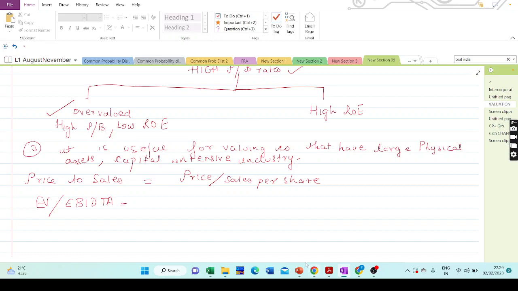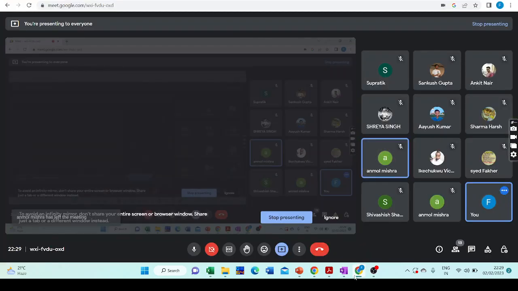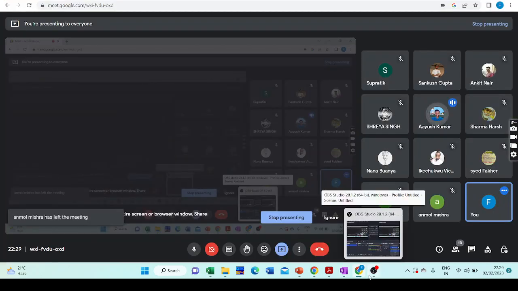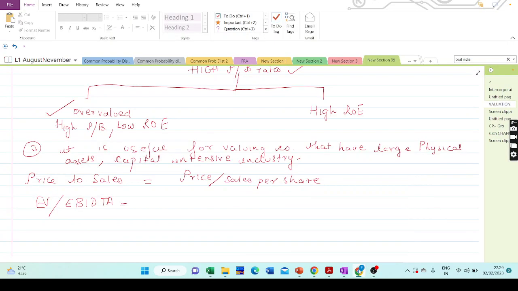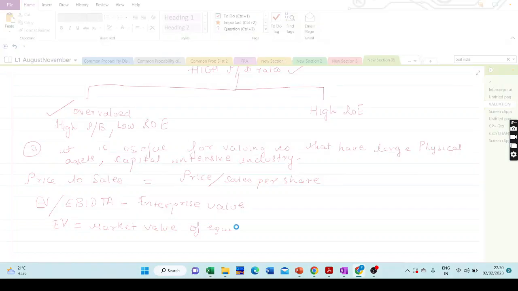Guys, what does EV stand for? Enterprise value. Okay, how do we calculate enterprise value? Value of equity plus value of debt. Market value of equity plus market value of preferred equity.